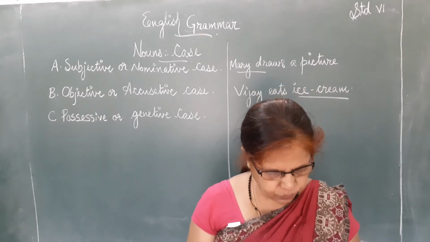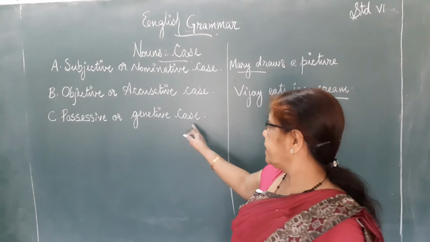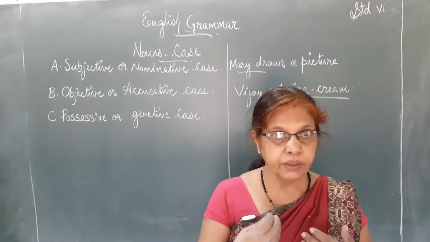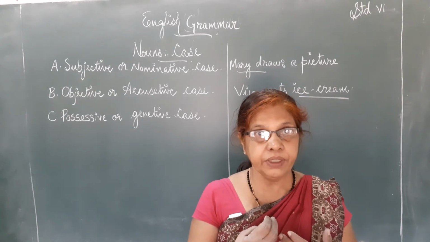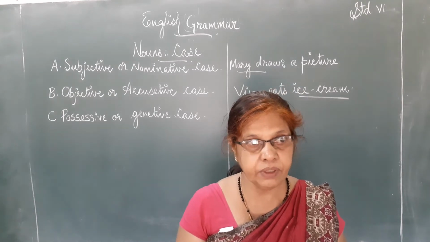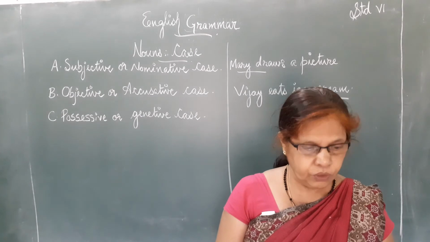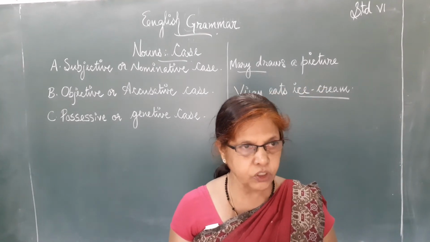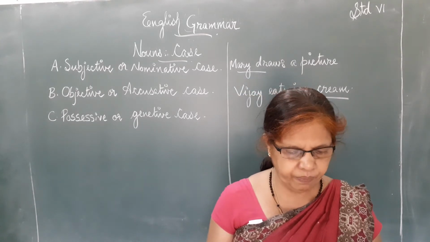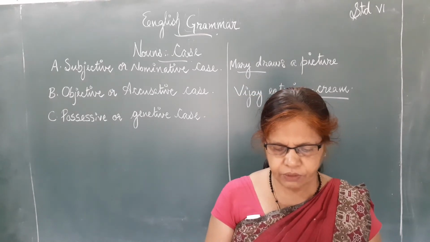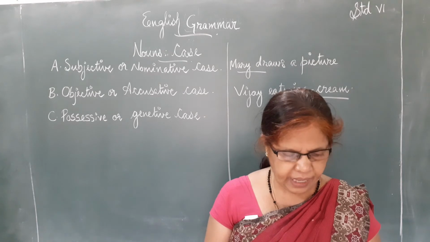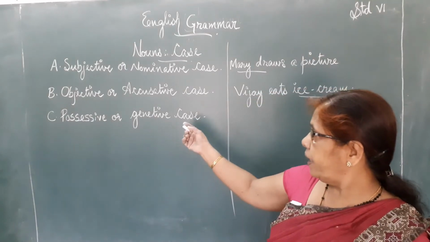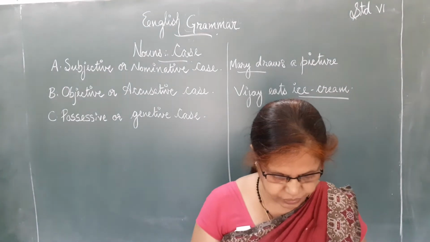Now, the third one is possessive or genitive case. What is possession? Possessing, to grasp everything for oneself. That is possessive. When a noun shows possession or ownership, it is the possessive or genitive case. For this, we have to ask the question whose.